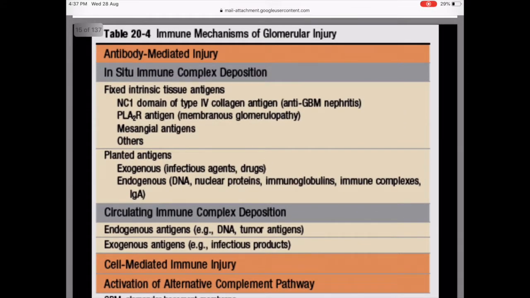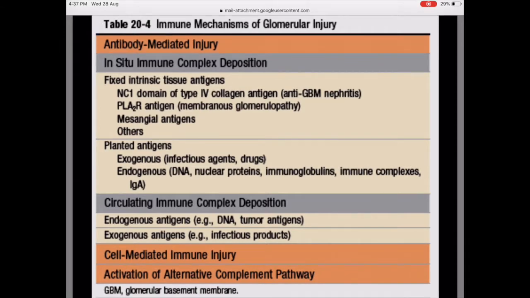If you look at glomerular injury, it is mainly mediated by antibodies, and these antibodies may be in situ immune complex deposition or circulating immune complexes. In addition to antibody mediated injury, the glomerulus may also be affected by cell mediated immune injury, and activation of complement pathways may result in injury to the glomerulus.